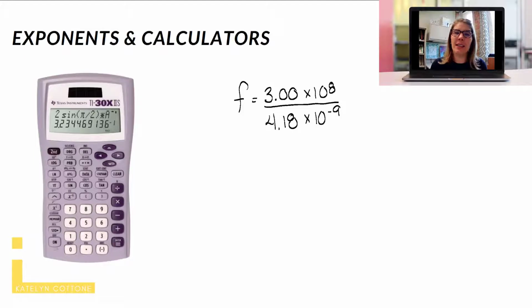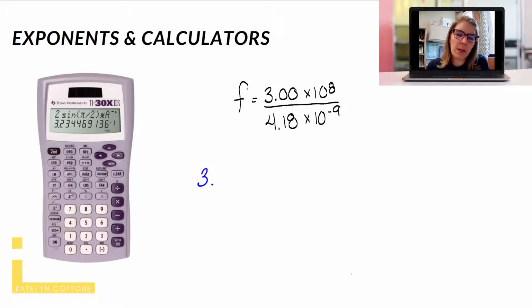If I put this in my calculator, what I would do is first put in the number 3, right? So I'd hit 3. Personally, I don't type in the 0.00 because I know that my calculator isn't going to spit out significant figures anyway. But I know students feel more comfortable doing that, so you can do that. That's fine.